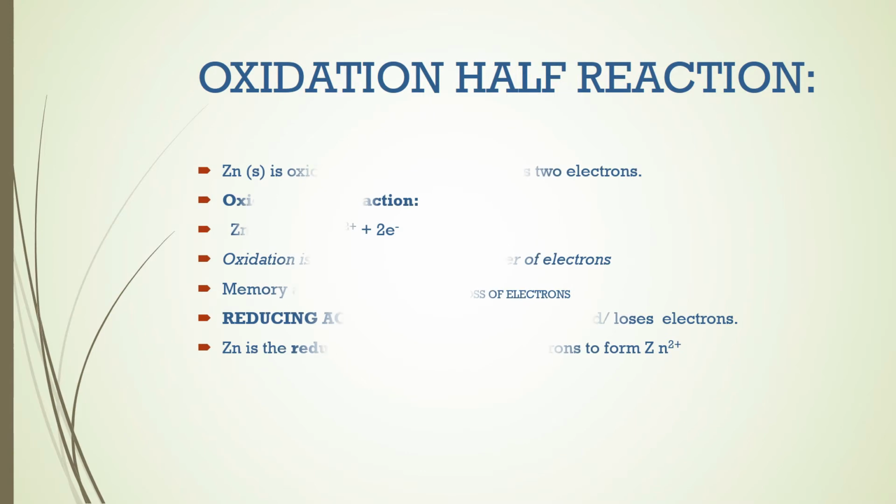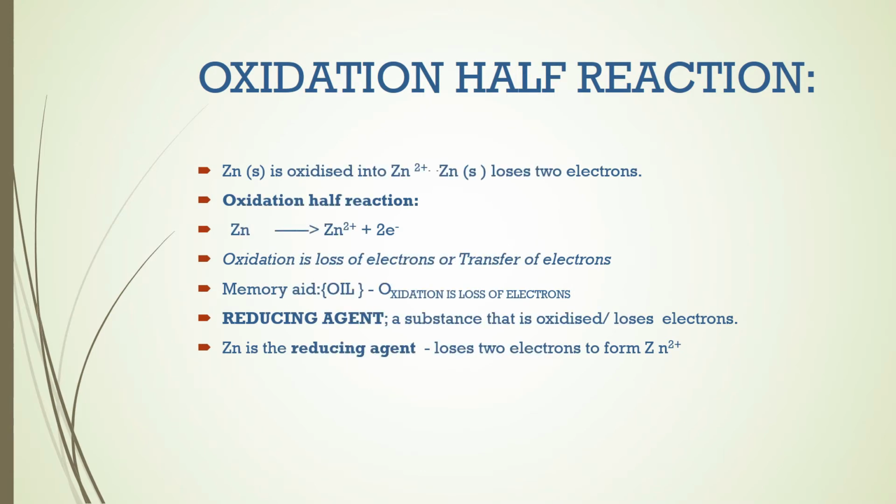And the oxidation half reaction. Zinc in solid form is oxidized into zinc 2 plus. Zinc in solid form loses 2 electrons. Oxidation is the loss of electrons. Zinc in solid form forms zinc 2 plus plus 2 electrons.